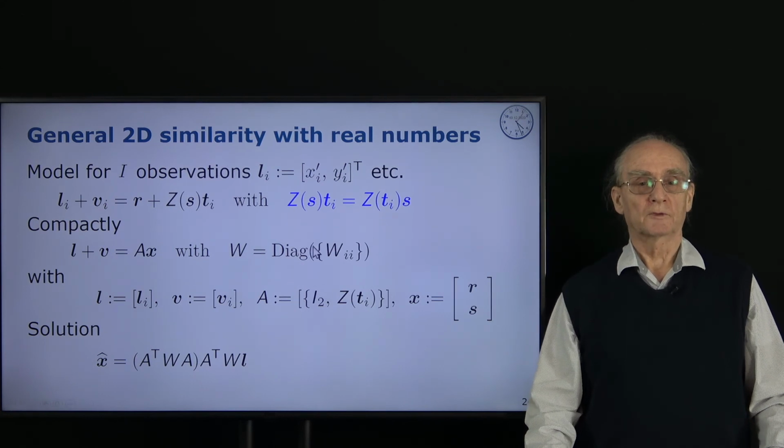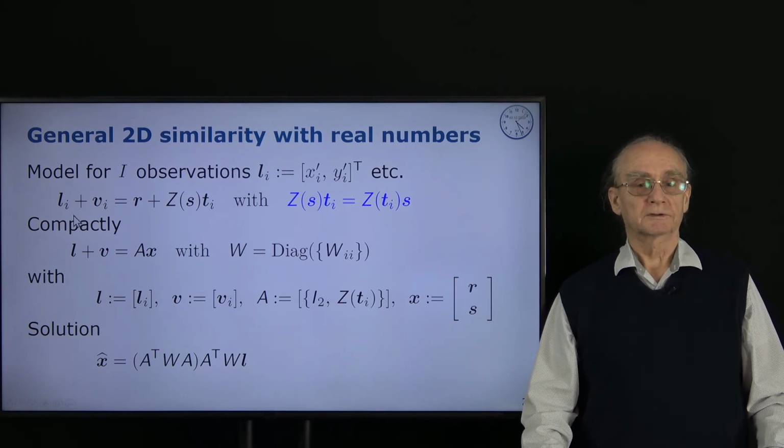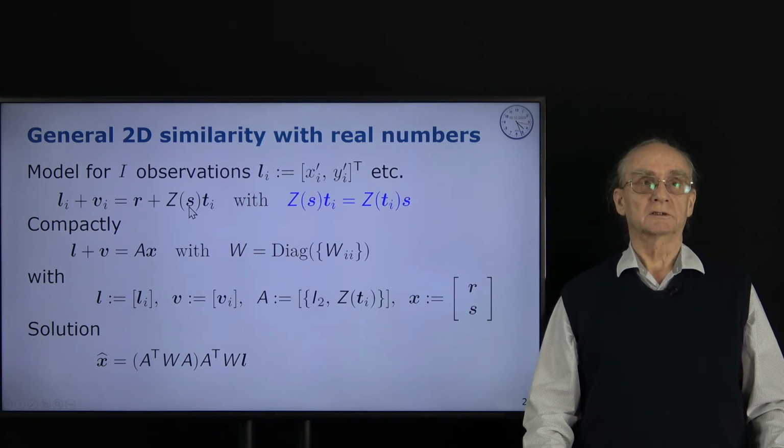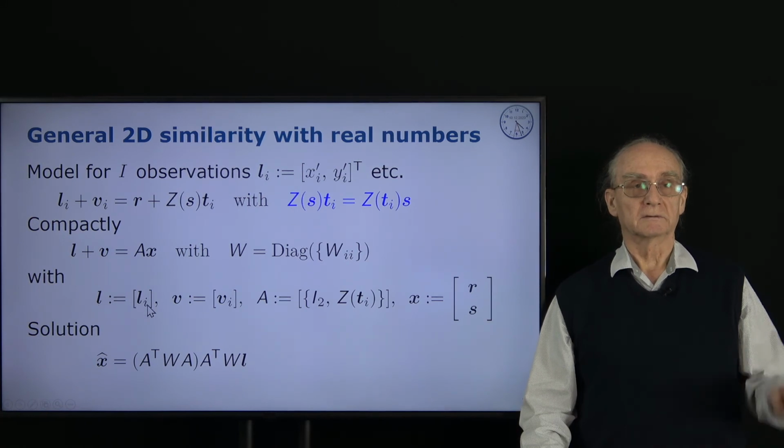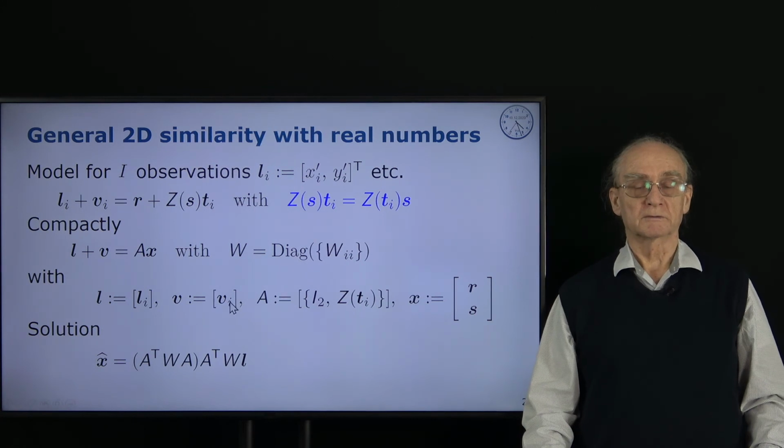So with the model for the observations, of course, then is residual plus correction is R plus the Z matrix of this S parameter, which is A and B. And we use this immediately. If we write this down compactly in the classical form of a Gauss-Markov model, namely with the observations and nothing else than the stacked coordinates which we observed, the corresponding residuals.